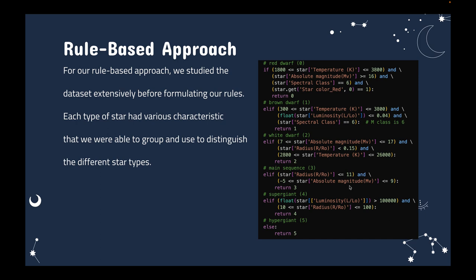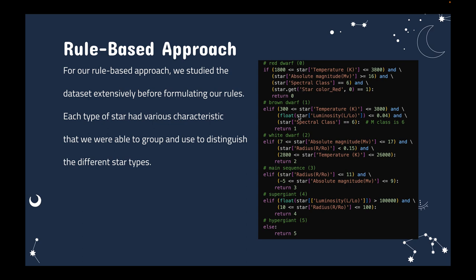As you can see in the code over here, I check if the temperature is between 1,800 and 3,800, I check if the magnitude is greater than or equal to 16, check the spectral class and see if the color is red, and if so, then I return 0, which indicates it's a red dwarf.